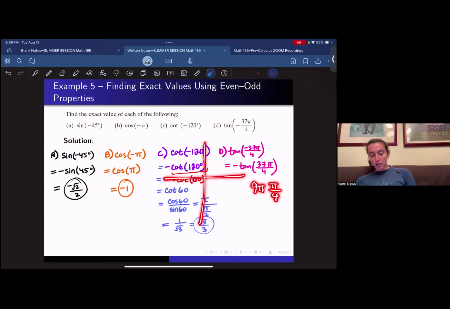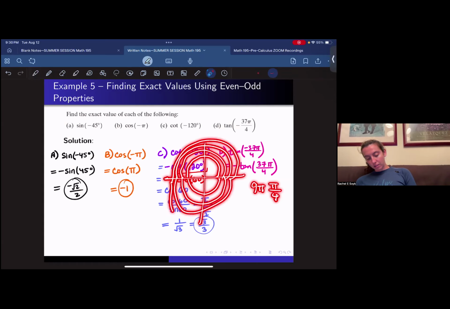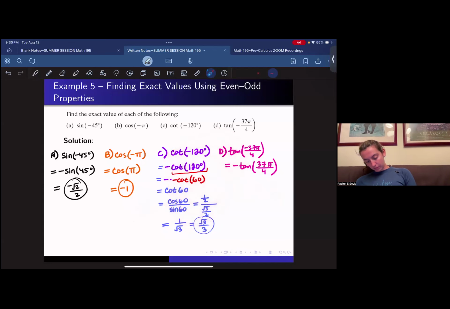But in terms of rotation, we have 1 pi, 2 pi, 3 pi, 4 pi, 5, 6, 7, 8, 9. So we're over here, and then we have another quarter, which means we end up in this third quadrant with the reference angle of pi over 4.